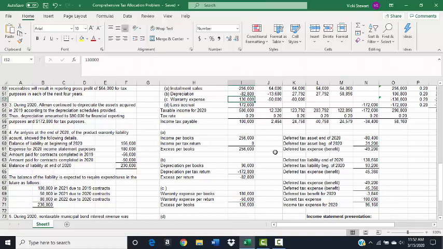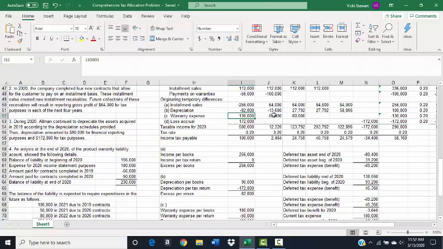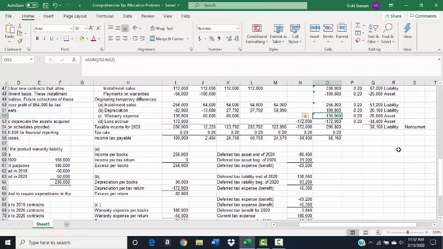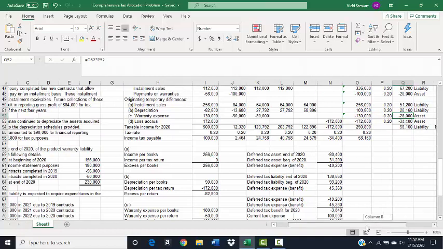That would have to be added back, and then we expect to pay those amounts over the next 2 years. So for the warranty expense, we would have a deferred tax asset of $26,000 when we multiply the $130,000 times the tax rate. So the problem combined them.